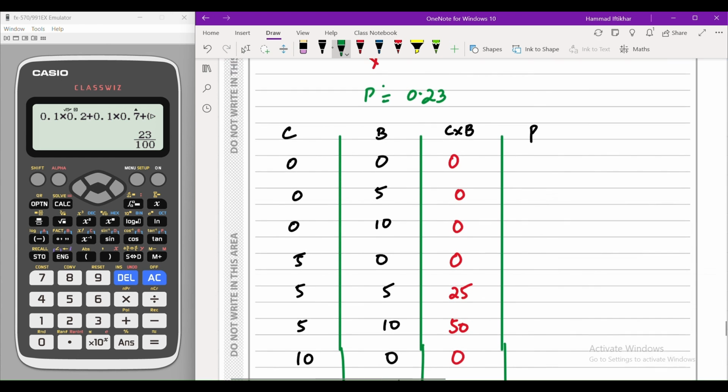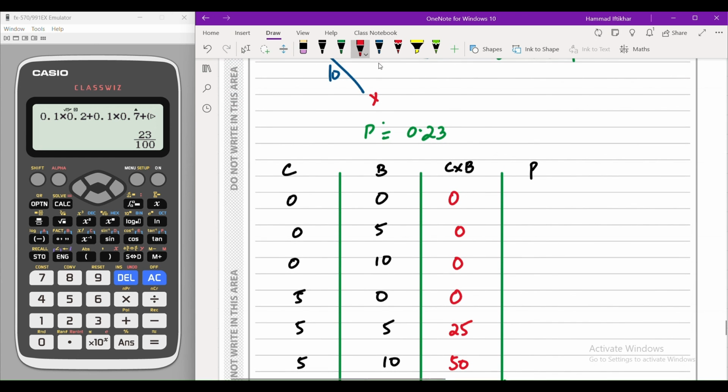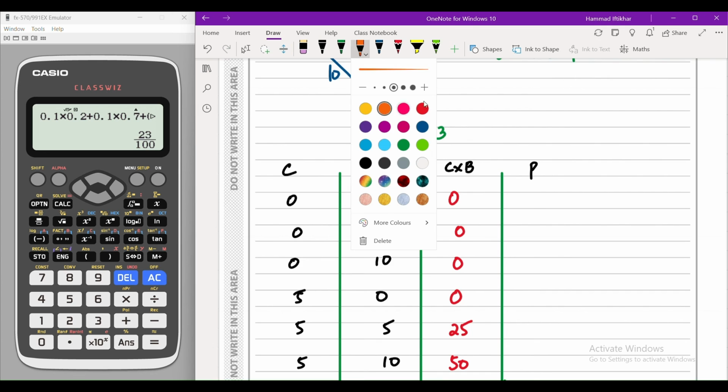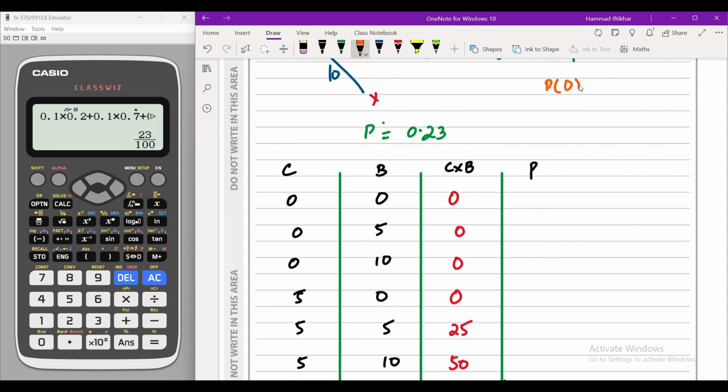So remember, the probability of 0 was 0.1, the probability of 5 was 0.2, and the probability of 10 was 0.7.